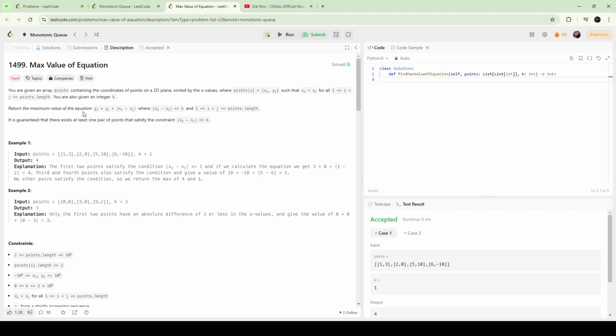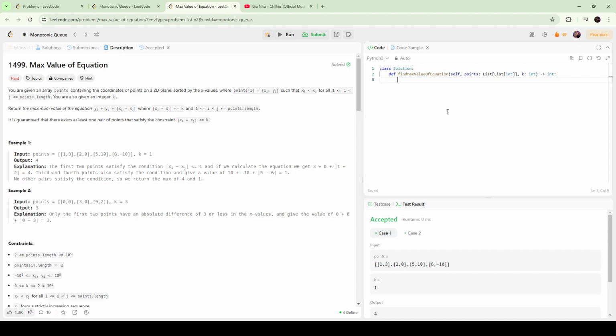We need to return the maximum value of the sum of y values and the difference in x values, such that the difference in x value is smaller or equal to k. It is guaranteed that there exists at least one pair of points that satisfy the constraint.